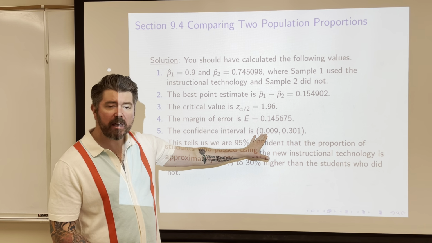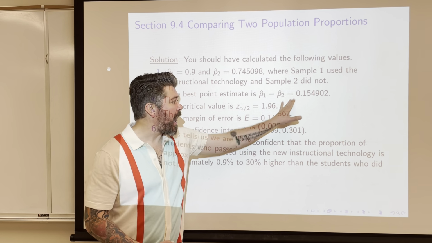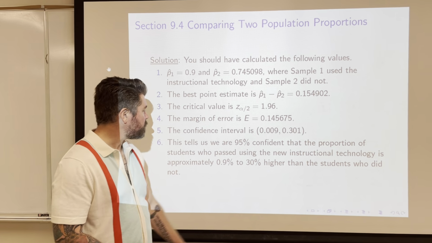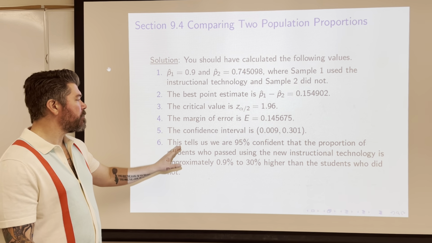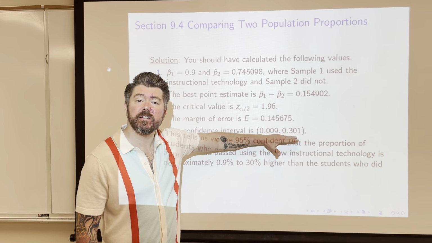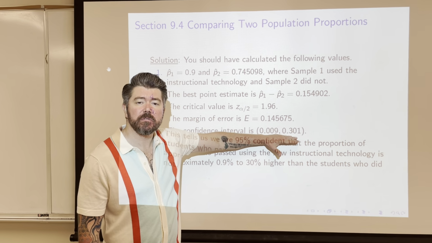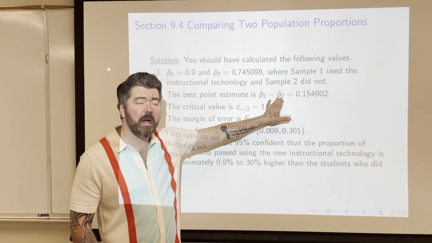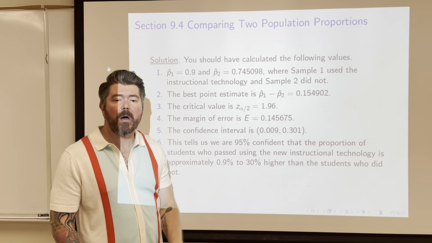Now, putting all of this together, I'm going to use my point estimate and my error. Subtracting these values, I get 0.009. Adding these values, I get 0.301. So here's my confidence interval. And if we want to interpret it, notice that these are positive values here, right? Positive values means that this one is larger, right? A larger number minus a smaller number gives us positive numbers.